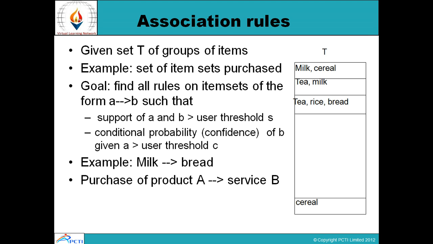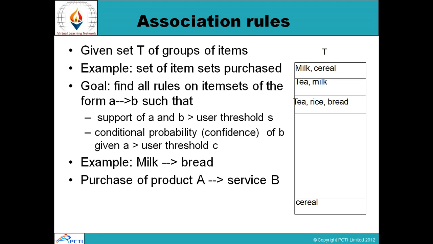Right. So let us start with the first topic of today's session, association rules. Consider that you have been given a set T of groups of items, for example milk, cereal, tea, rice, bread.